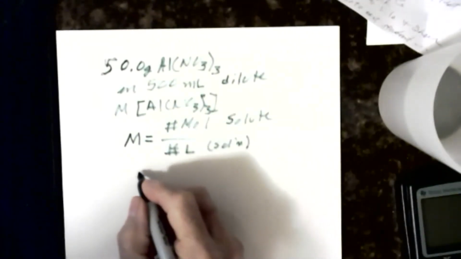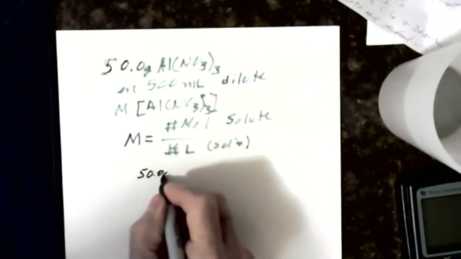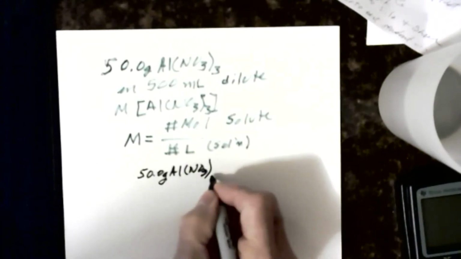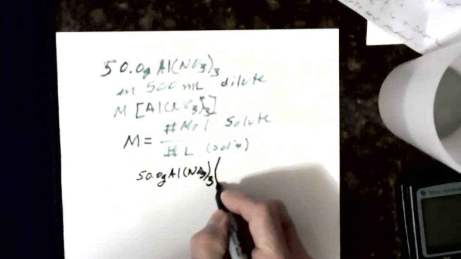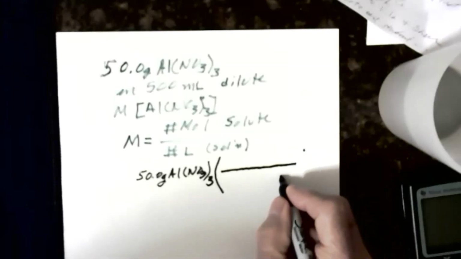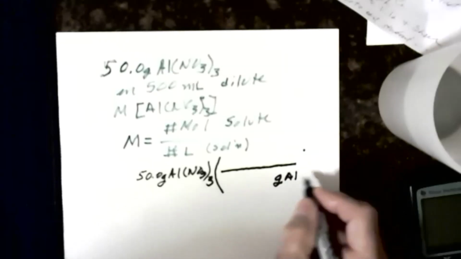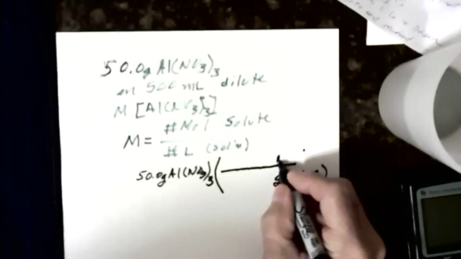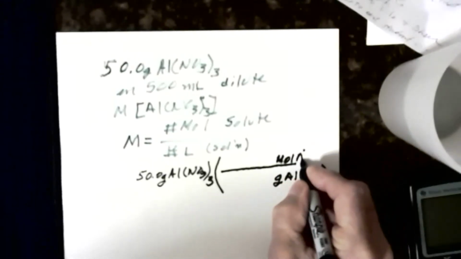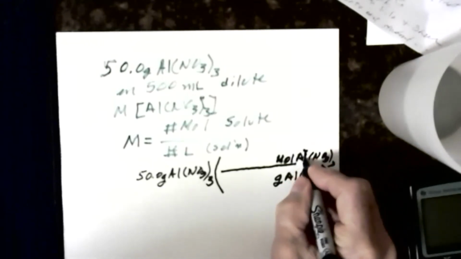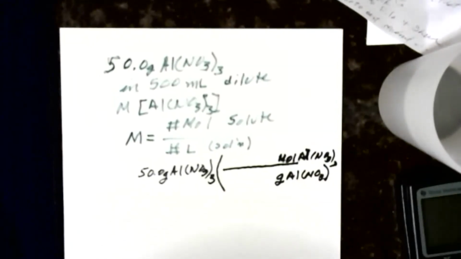I had 50 grams of aluminum nitrate. Now, I need to convert that from grams of aluminum nitrate to moles.